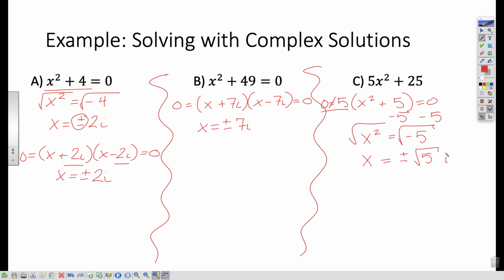But you could have kept 5. So if you were to factor that, you would have x minus the square root of 5i and x plus the square root of 5i, because you have to take the square root.